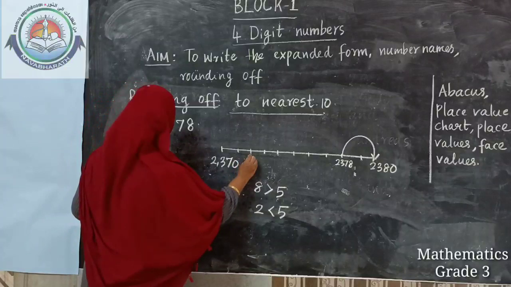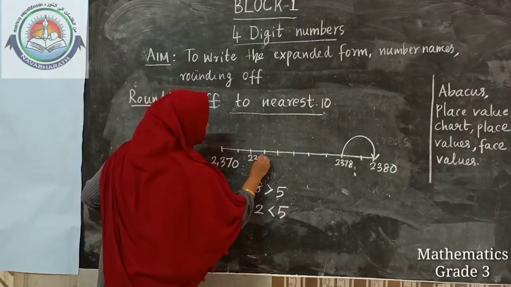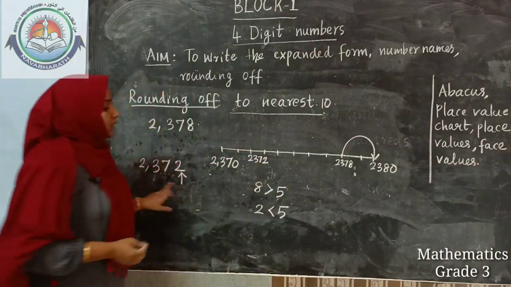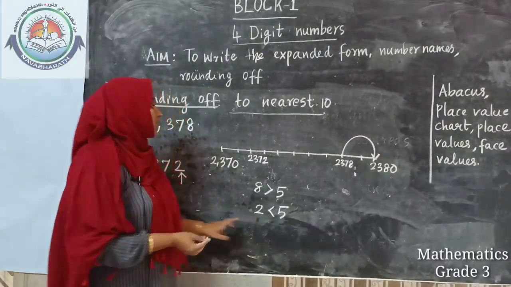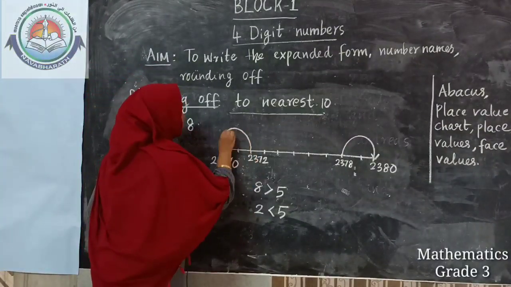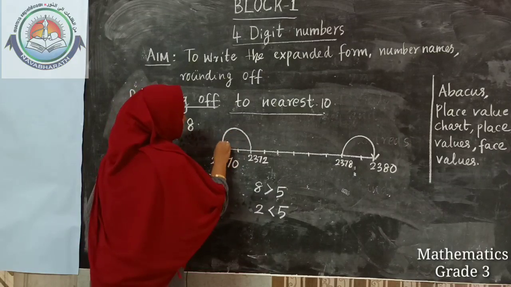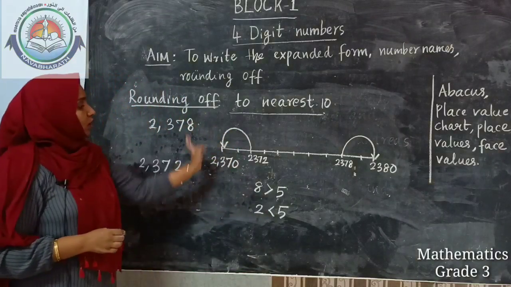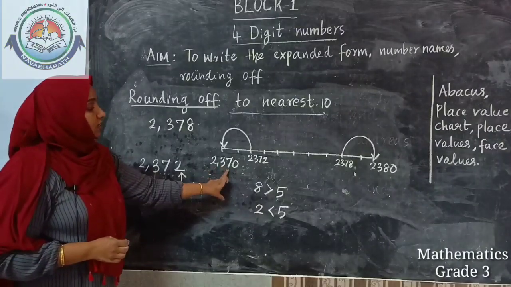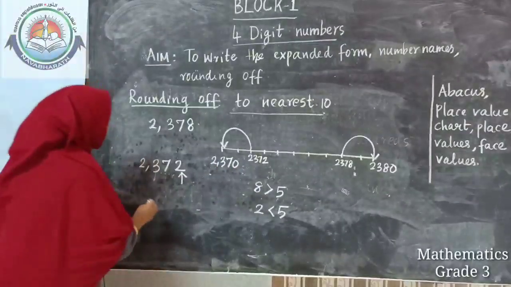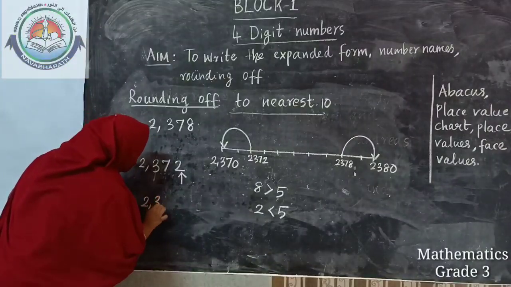Where does this number come? If this number is less than 5, it will round off to the lower 10. So, on rounding off this number, we get 2370.